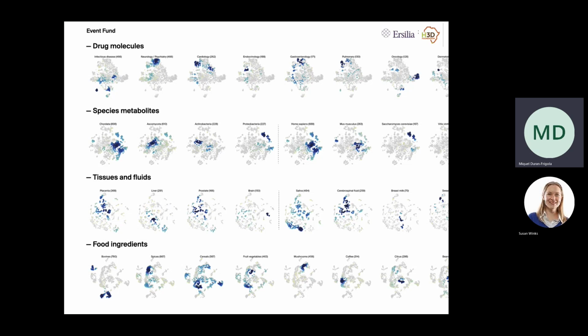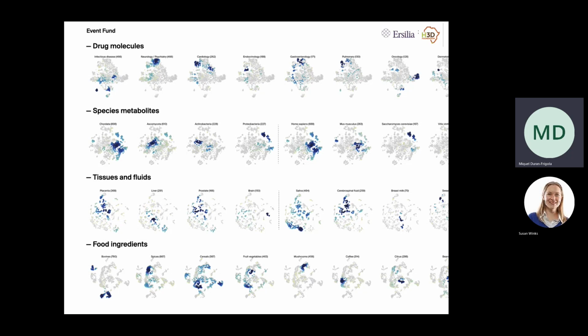As you can see here, I'm stratifying or highlighting compounds in different therapeutic categories. You can see quite nicely, and quite strikingly I would say, that depending on the disease area, you find compounds in different regions of the Chemical Checker space.